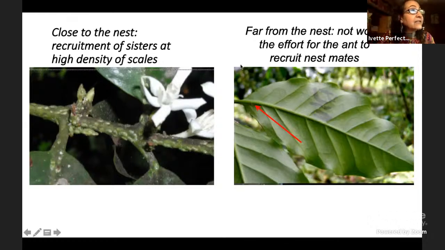And here you can see this single individual scale that fortunately had not been found by a predator or a parasitoid, no? But that's rare, but they can survive. Every once in a while they do survive, but they are not protected by ants, because it's not worth it for the ants to go there to tend one single individual, especially if it's far away, no? It's not worth it for the ant.